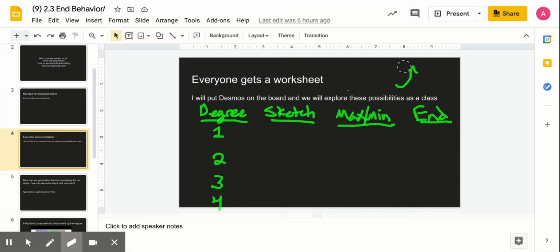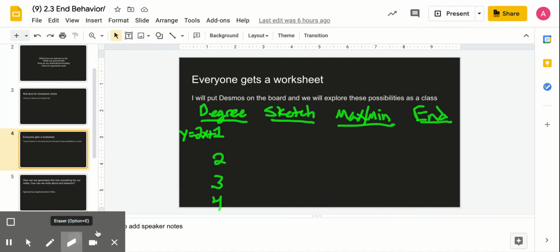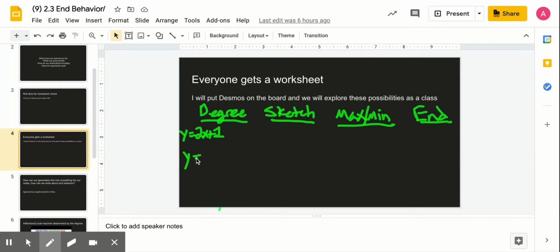Okay? So like I said, this is a class activity where it's an exploration. What I start with is I will literally say, let's come up with an example as a class. So something like y equals 2x plus 1 or something. That would be a first degree, right? A second degree example could be something like y equals 2x squared plus 1.